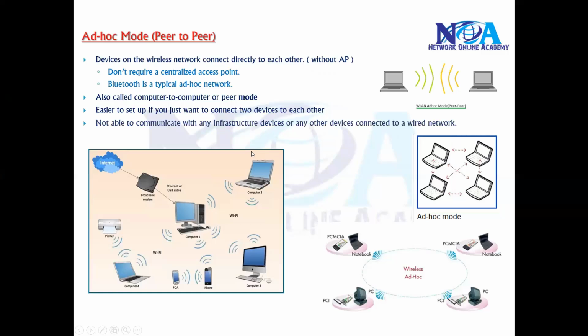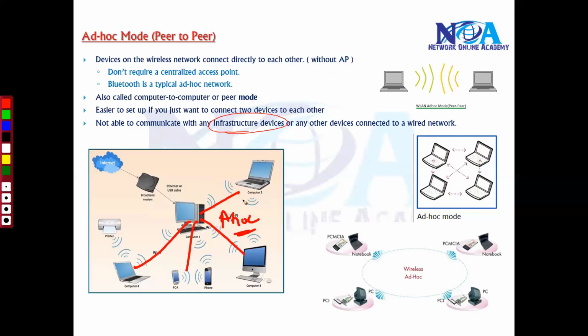One more thing we need to remember, you may not be able to communicate with any infrastructure devices. Take an example, this is my ad hoc mode where I'm connecting, and I want these particular devices to be able to communicate with my wired network or any other wireless network which has been set up.